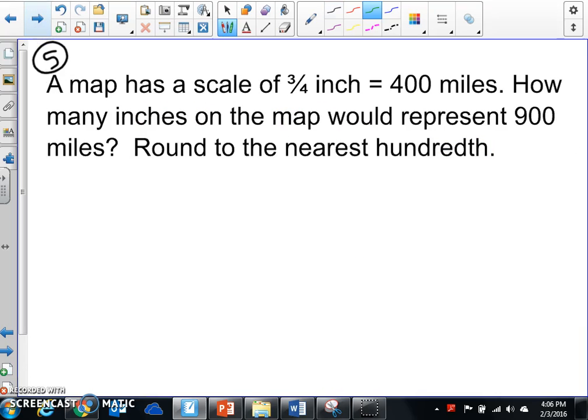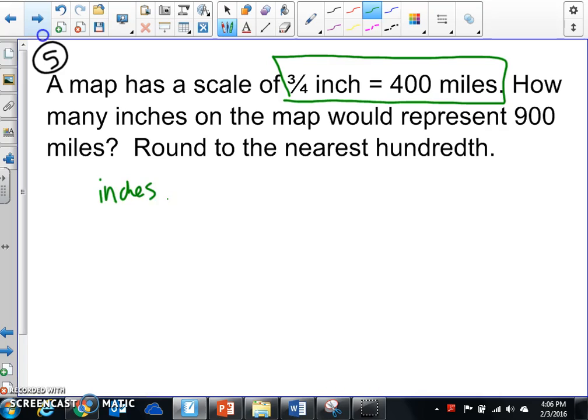A map has a scale of 3/4 inches to 400 miles. Okay, immediately when you see a scale like that, you write your rule, which is inches over miles. You can also directly pluck out the first ratio. 3/4 is just 0.75, so inches over miles.